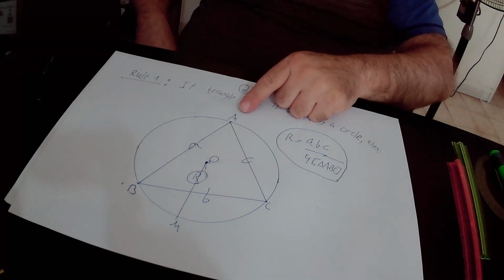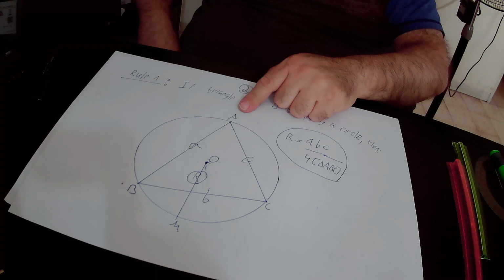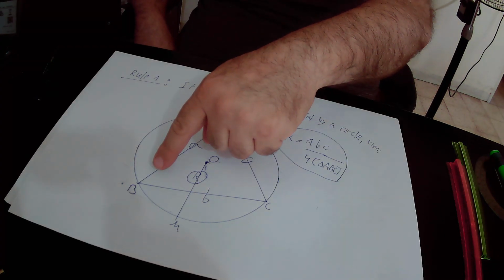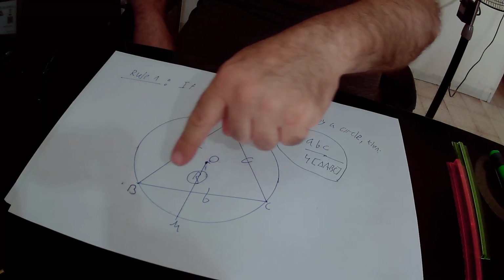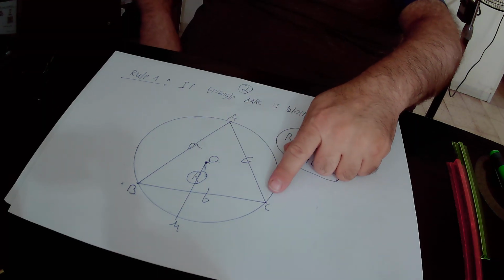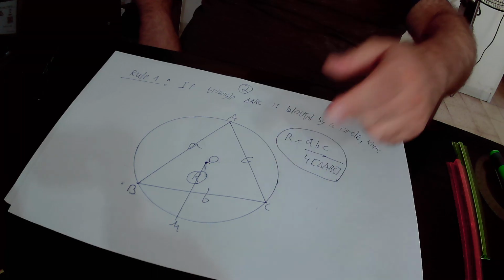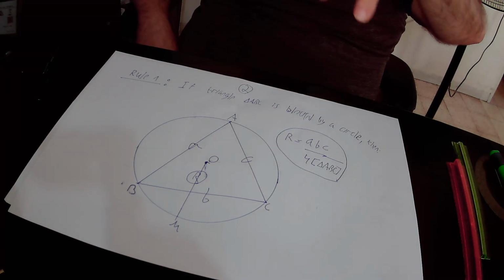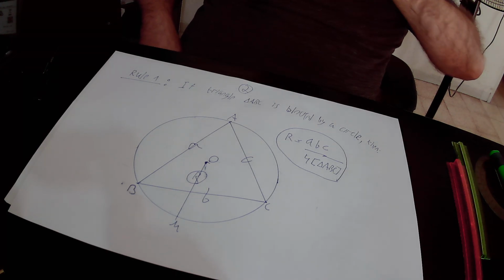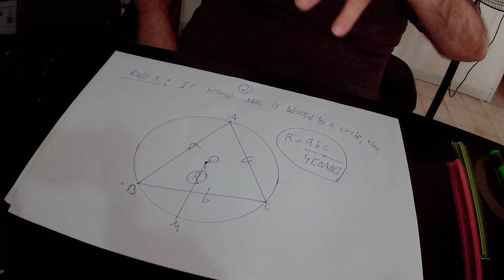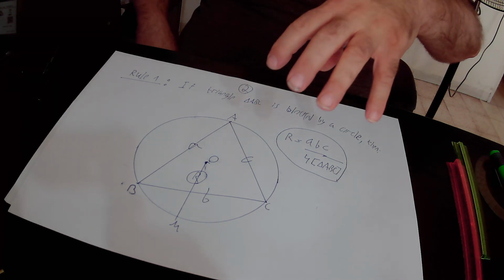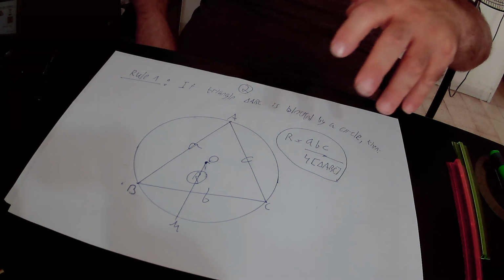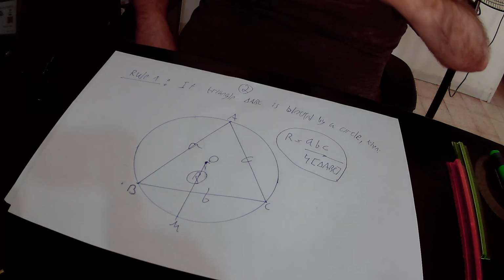Here you can see that this vertex of the triangle touches the circle at point A, this vertex touches the circle at point B, and this vertex touches the circle at point C. Therefore, we can definitely say that this triangle ABC is blocked by the circle. If not all 3 vertices touch the circle, then the triangle is not blocked by a circle.